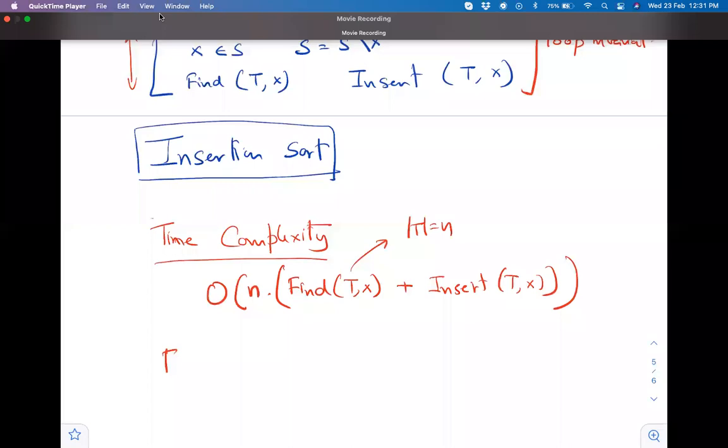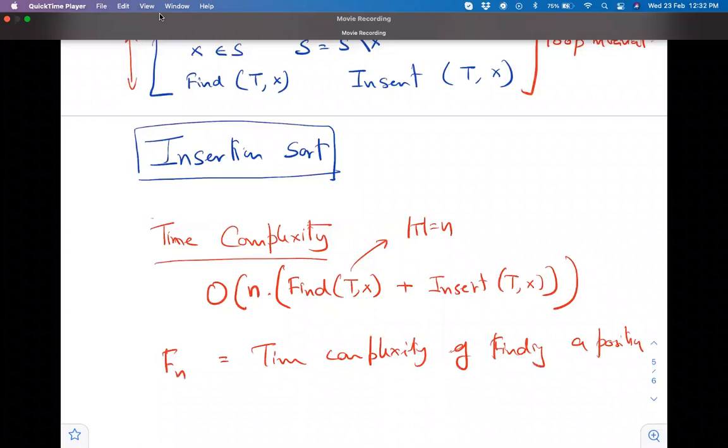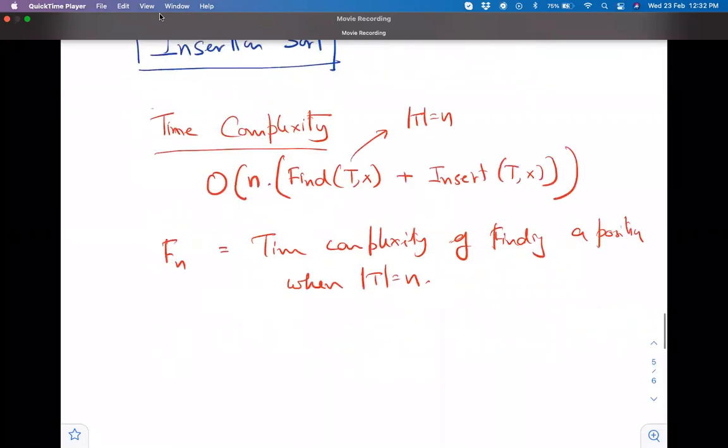Say F of n is the time complexity of finding a position when the size of T is n, and similarly I of n is the time complexity for inserting when the size of T is n.